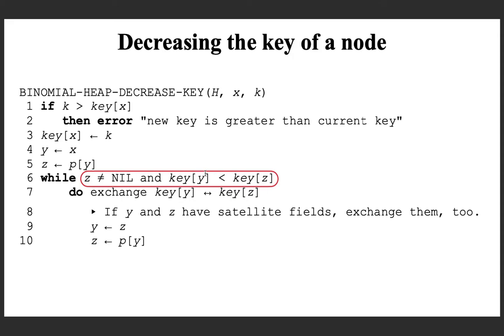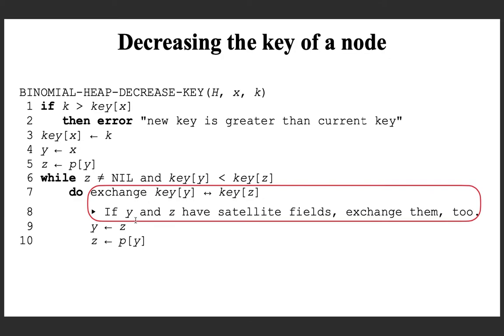Okay, if this is the case, you have to interchange and move up, and that is what you are doing. And what is satellite field? Satellite field means, in the example binomial heap, we had only the key values at the nodes, but in general, when it represents some data structure in a software, it may be having a number of fields.